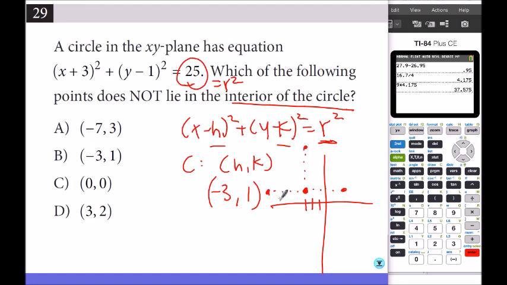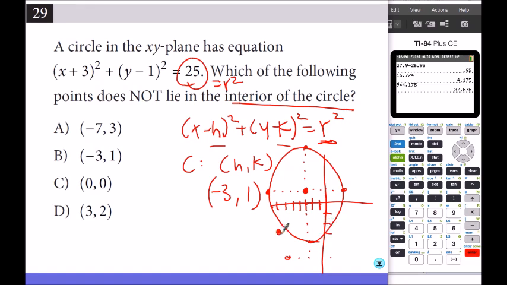So it's asking which one is not inside the circle. Let's see. Negative 7: 1, 2, 3, 4, 5, 6, 7, and 3.